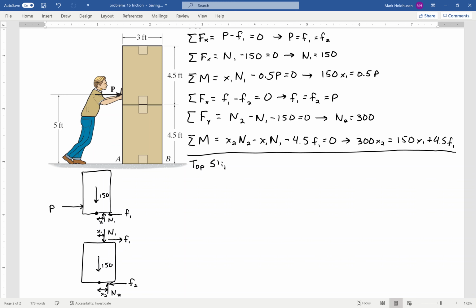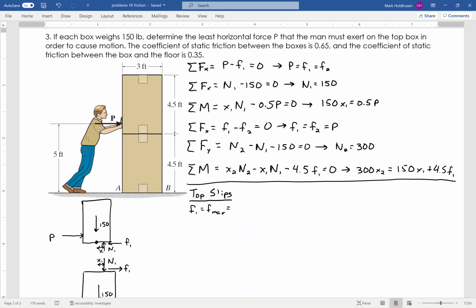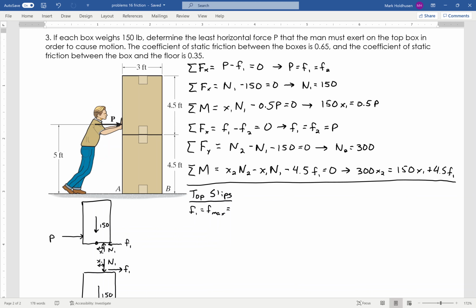If the top slips, the friction force at 1 is at its maximum. That's what causes slipping, which is going to be mu s times N1, which for our problem is 0.6. So that's going to be 0.6 times N1, which is the 150.